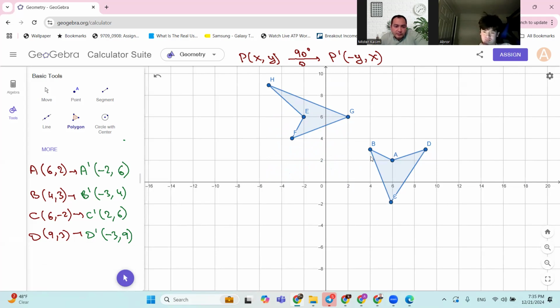4, 3 becomes negative 3, 4. 6, 2 becomes 2, 6. And 9, 3 becomes negative 3, 9.